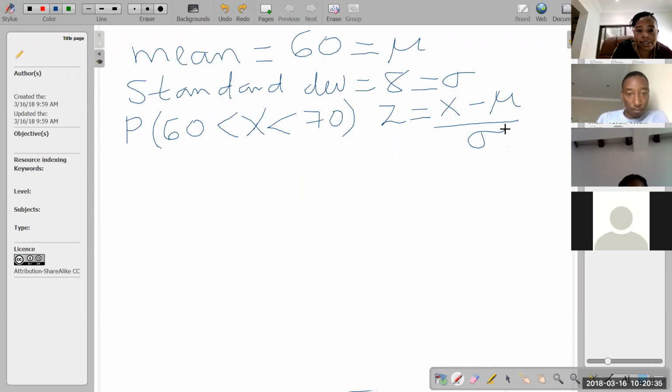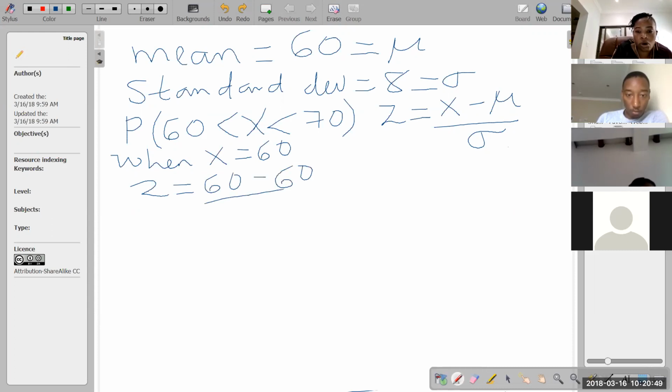When x is 60, z equals 60 minus 60 over 8, that's 0 over 8, which gives 0.